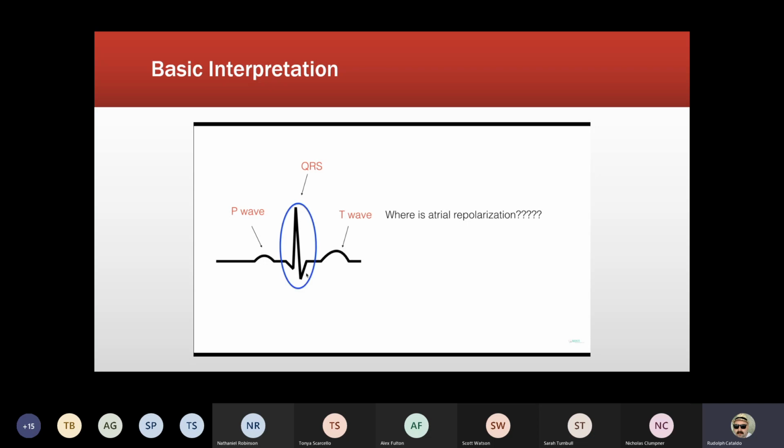As you can see, the QRS complex is a tall structure. Because ventricles tend to contract stronger than the atria, they tend to mask the atrial repolarization. And so, atrial repolarization and relaxation takes place after the P wave, which can be found within the QRS complex.